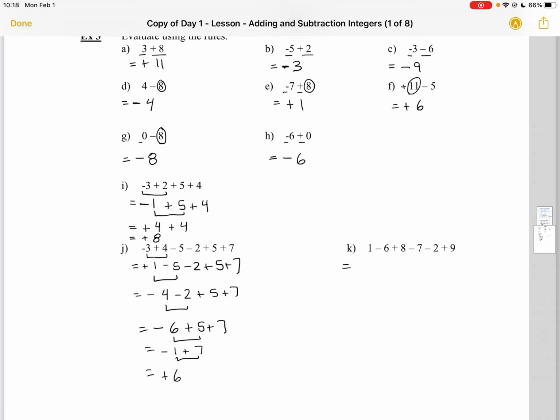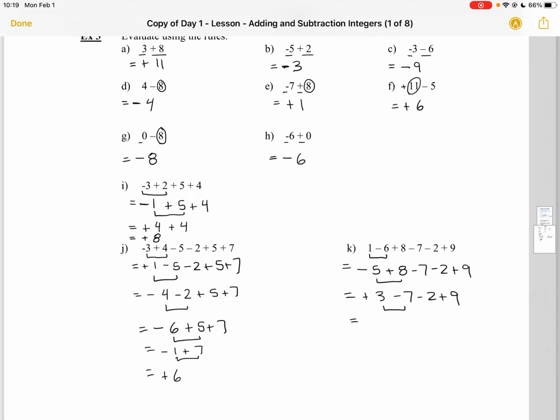Last example here, same way that I did example J, keep the sign from the larger number and subtract. Write down the remaining numbers here. Look at my first two. I'm going to keep the sign from the larger number and subtract and write down my remaining numbers.